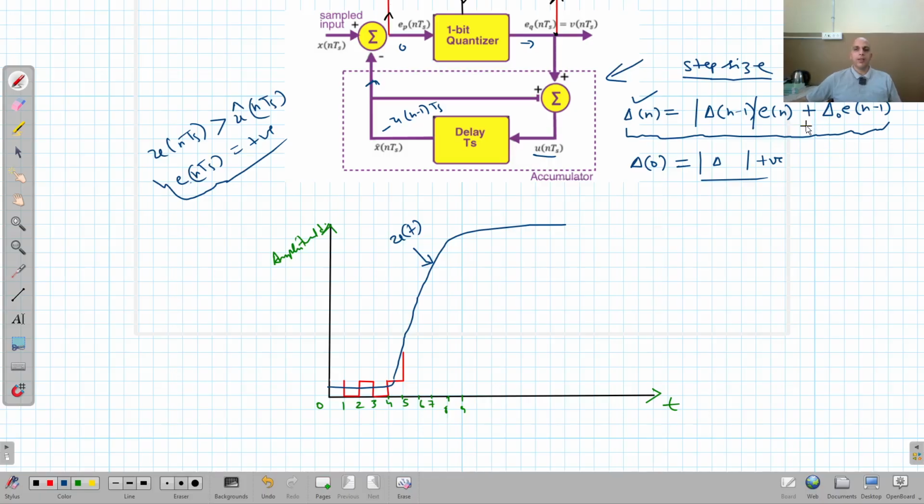Now in this particular case, this delta naught will not exist. Why? Because we are starting from here, so the previous step doesn't arise. This is the starting step. e n minus 1 doesn't arise, because e n minus 1 means the error signal for the previous step, and we are actually starting from this step.